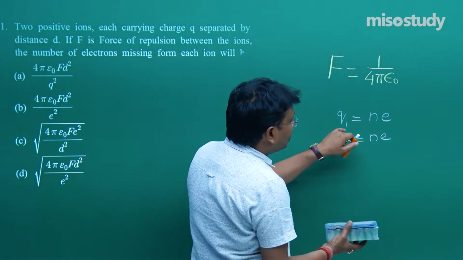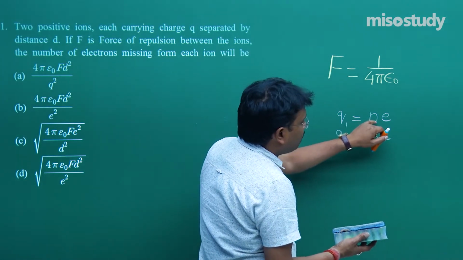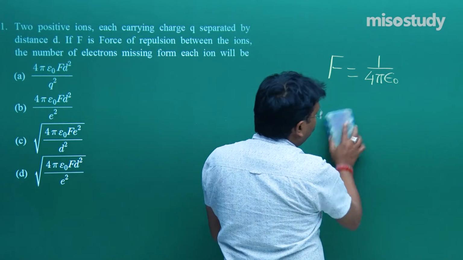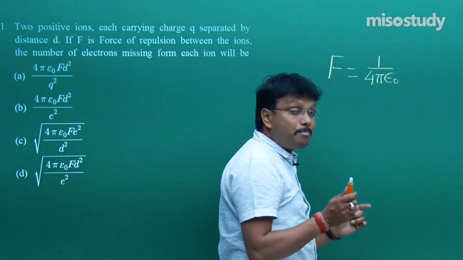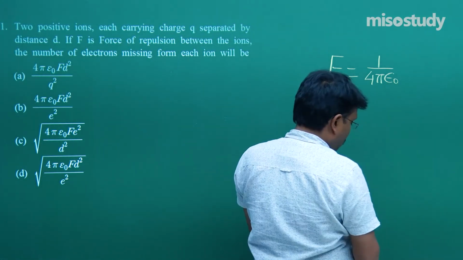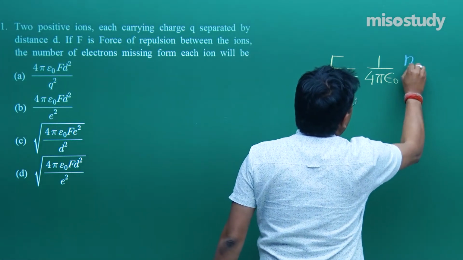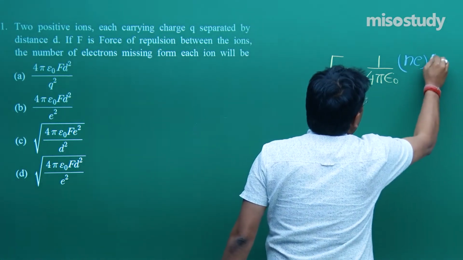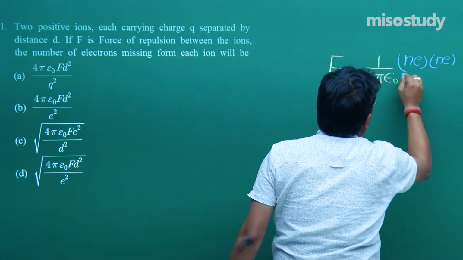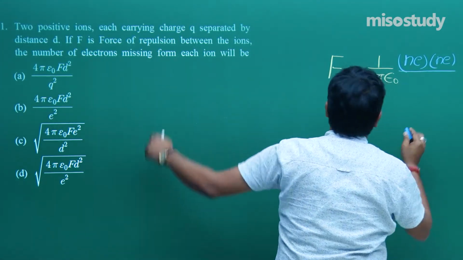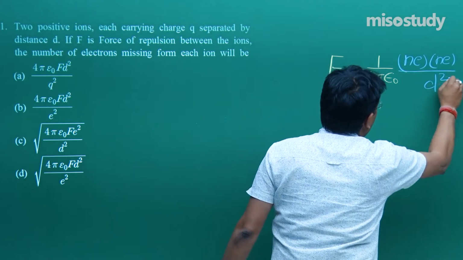So rather than Q1, Q2, I have to use Ne into Ne, where N is the number of electrons. Very good. So, let's use a different color chalk: Ne into Ne upon distance d square.